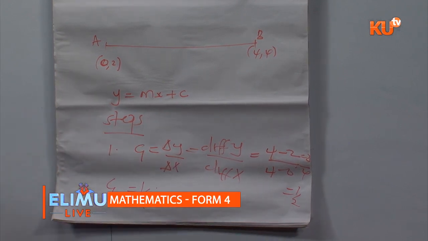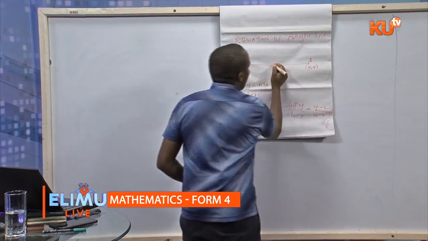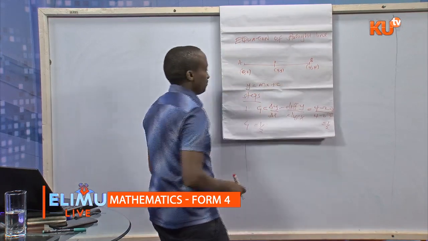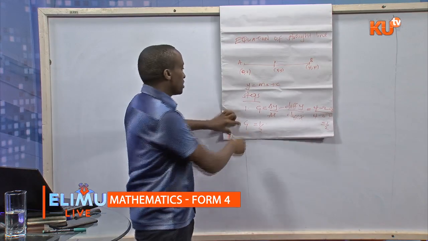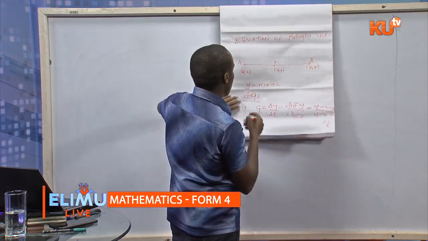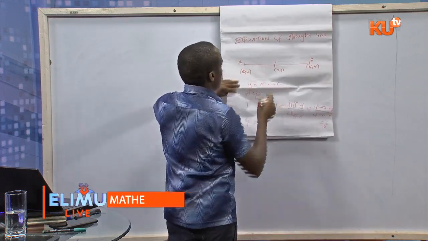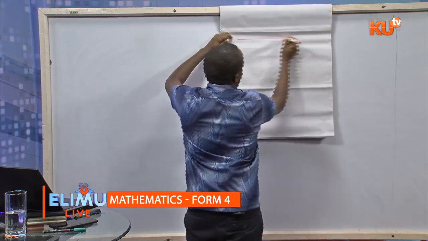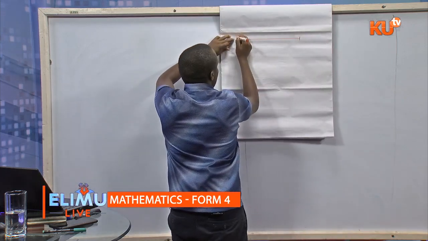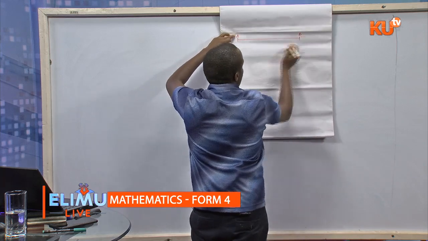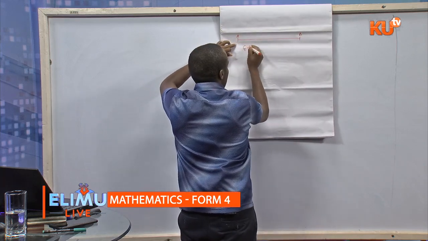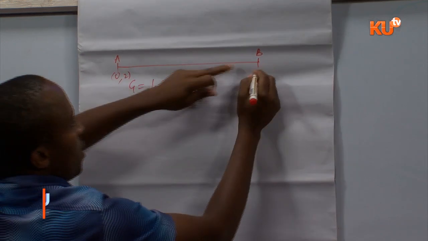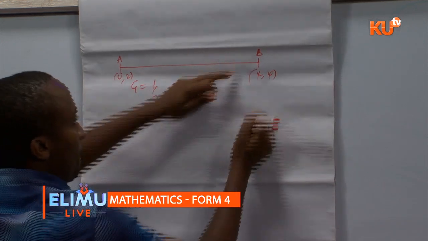Having known the gradient, you can assume any other point P to be x, y. So our gradient is equal to a half. Let us not forget that. And have this point. So let me transfer the same here. Line AB. The gradient of our line is equal to a half, with points 0, 2 and 4, 4.